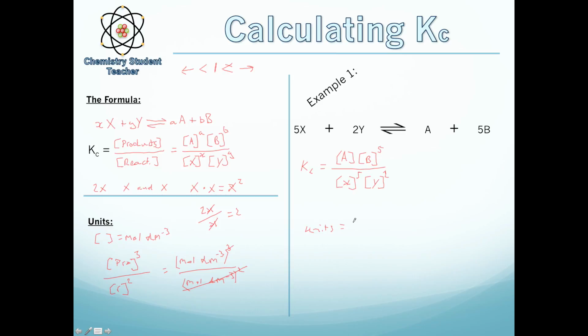So, the units here, again, are mole per dm cubed, moles per dm cubed, but we have 5 and 6, so it's to the power of 6 over moles per dm cubed again.